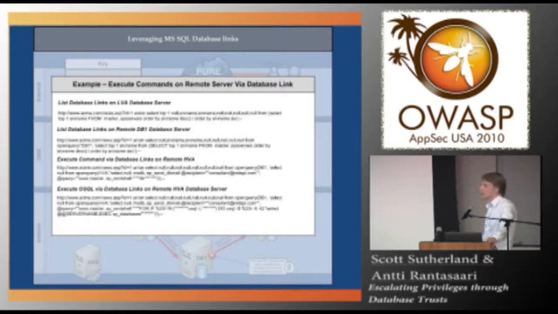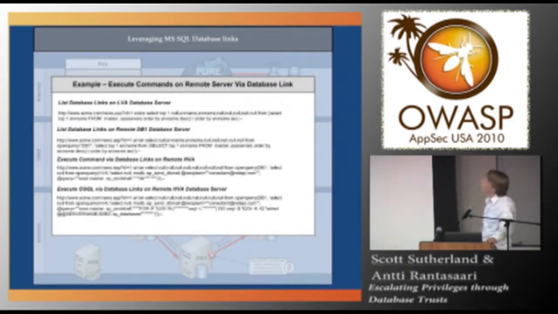So you can run queries without any prior work, so you don't have to initialize the link beforehand. However, you need to have ad hoc queries permissions on the database server. And typically, if you're running as a low privileged user, you don't have the privileges to run ad hoc queries.